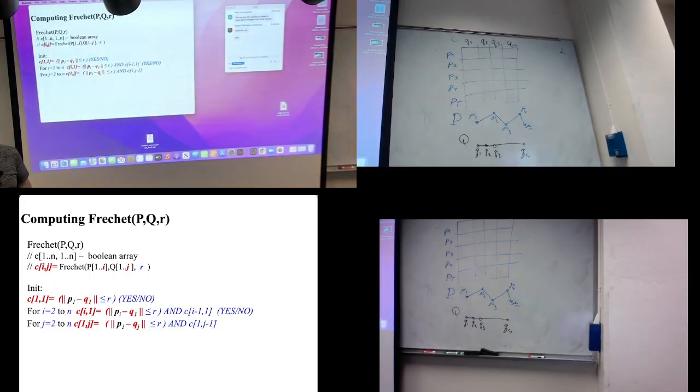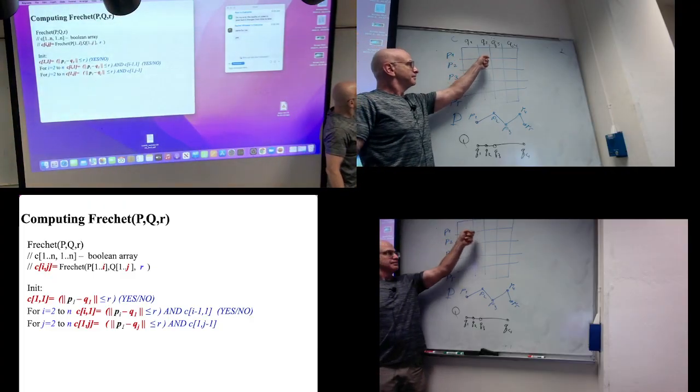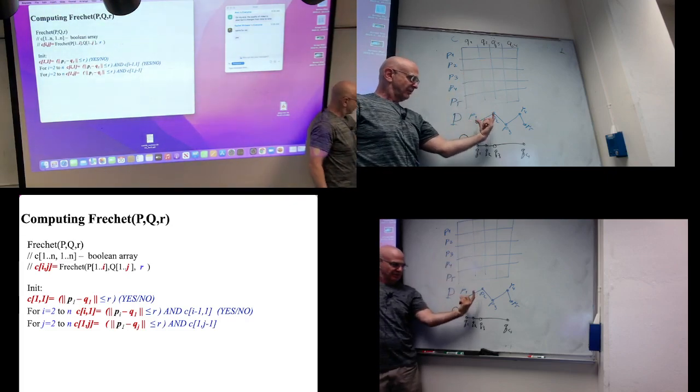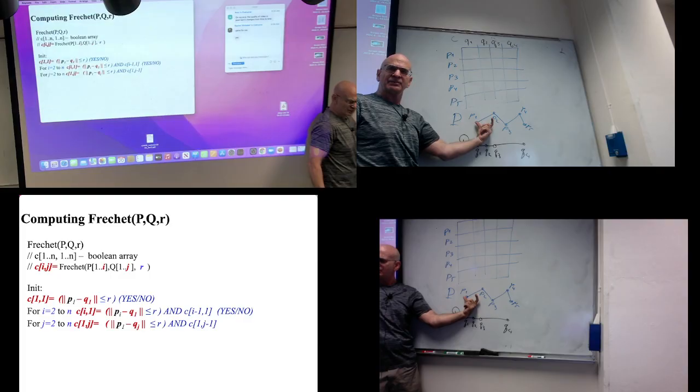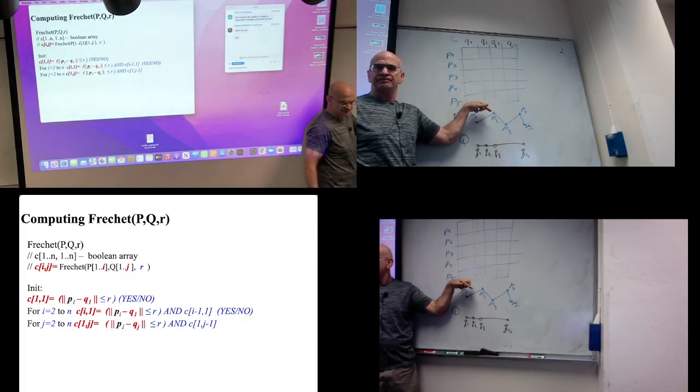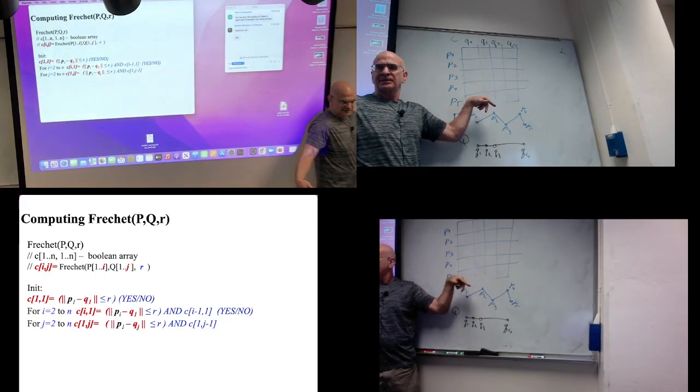In the case of dynamic time warping, we use this array C. The cell 2,2 was looking at the prefix of the first path. A prefix of the path is what? It is a polygonal path that just contains the first few vertices. That's my definition.